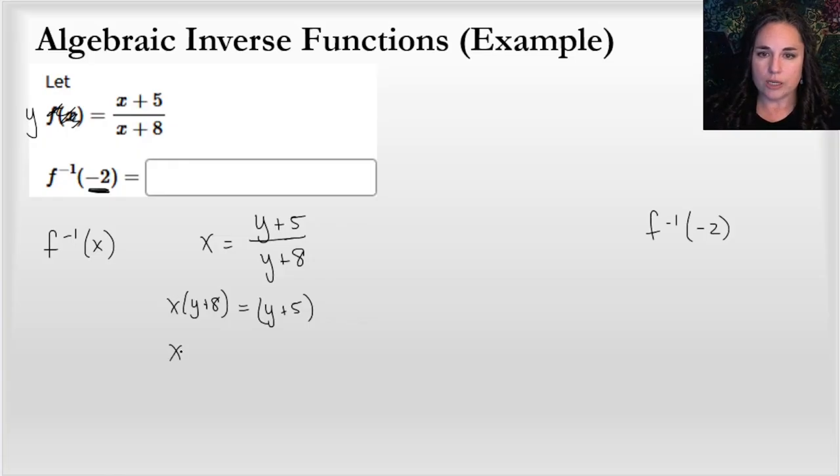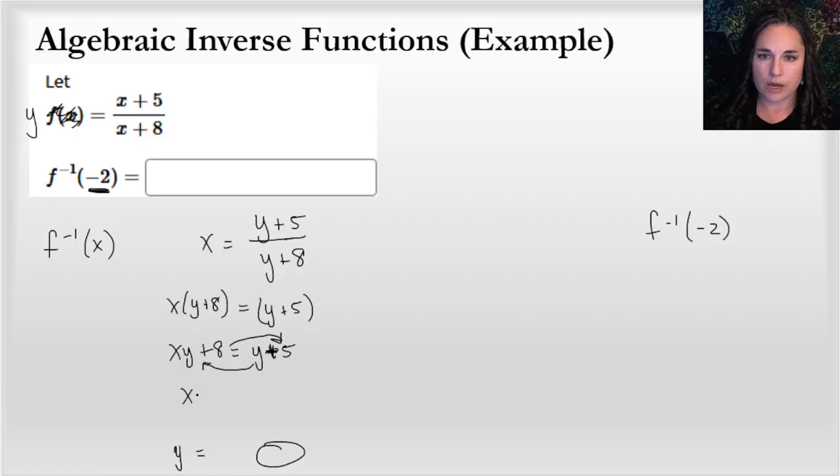I'm going to distribute. I get x times y plus 8 equals y plus 5. I'm going to do some rearranging. This may look familiar from when you first started factoring. Remember I want to get y on one side and everything else on the other. So I'm going to gather the y's up on one side and then everything else on the other.